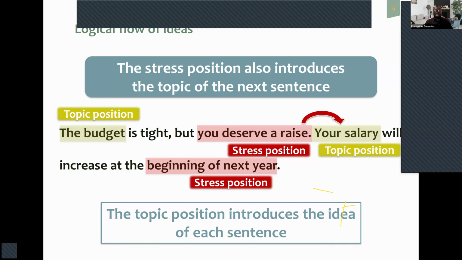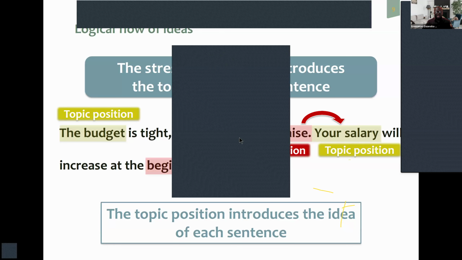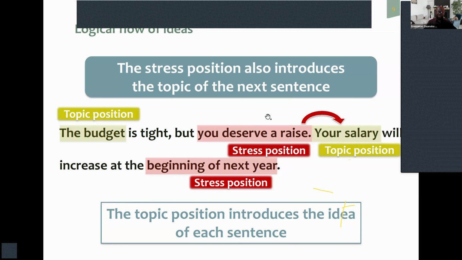Then the stress position is what makes it more relevant or important. So if you know how to arrange stress position and topic position, I tell you, your writing will be very good. People will understand what you are writing, and they will enjoy reading your paper.